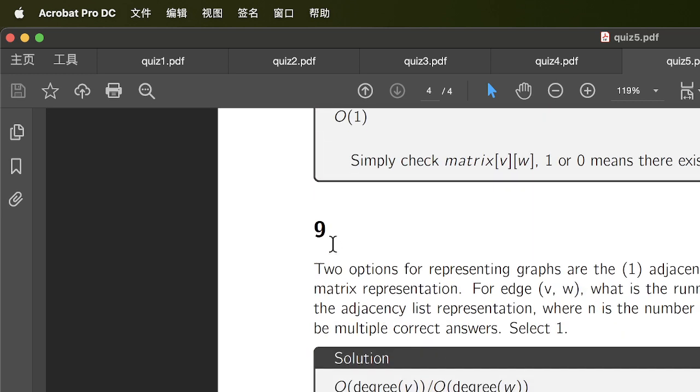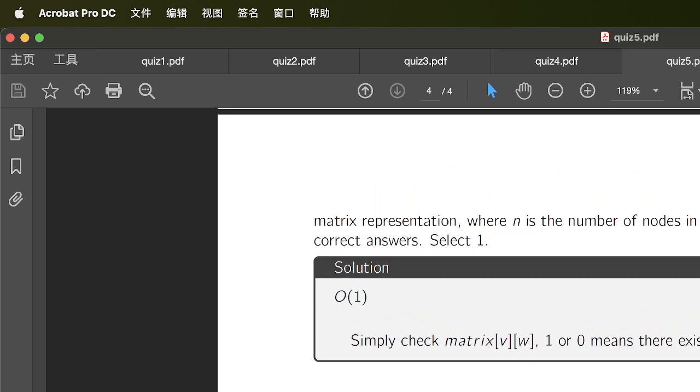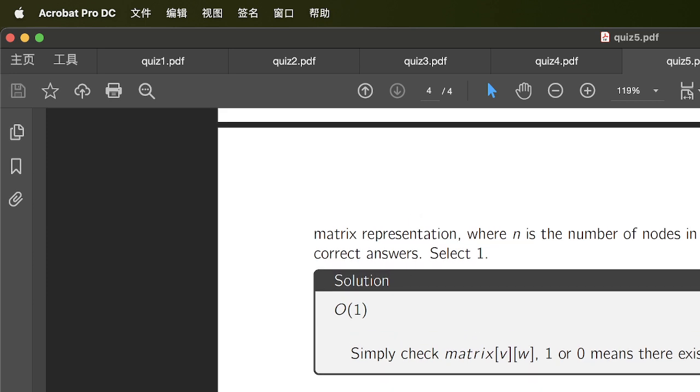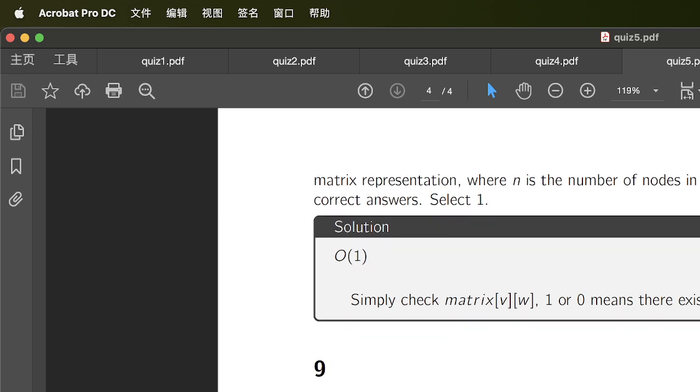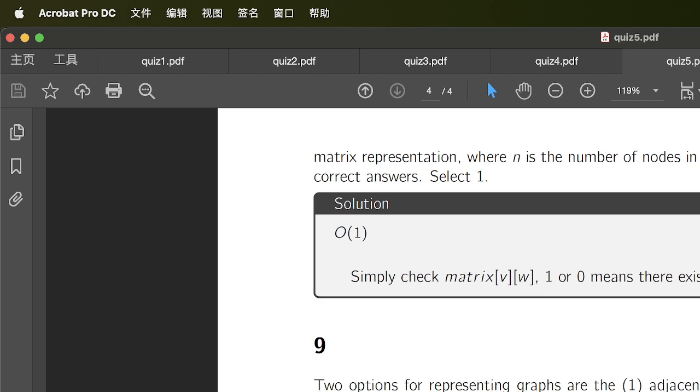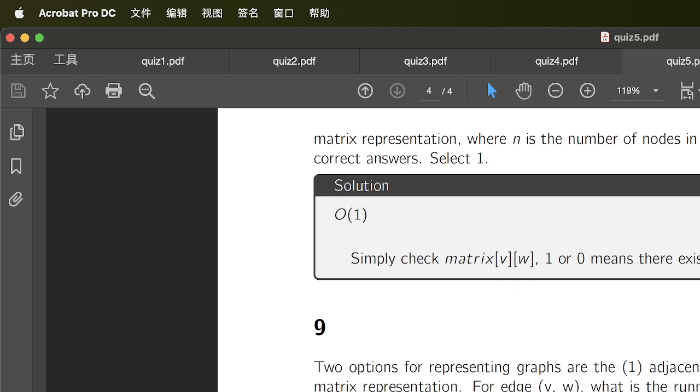Okay, number 9. The difference from question 8 is that we compute the running time when we use the adjacency list to represent our graph. If we use an adjacency list, we cannot just randomly access, right?